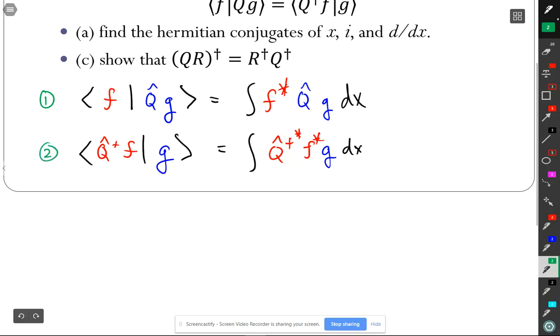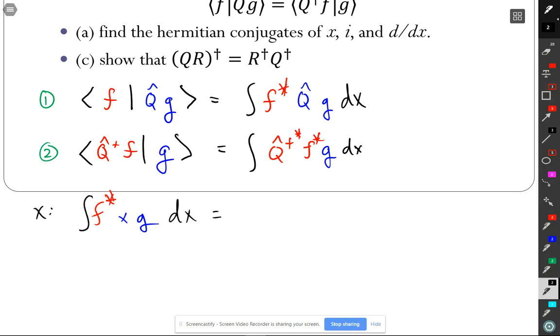So for X, I would have now X. What can I do with this now that I put my X operator in?